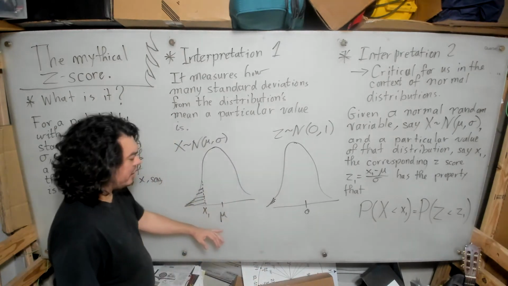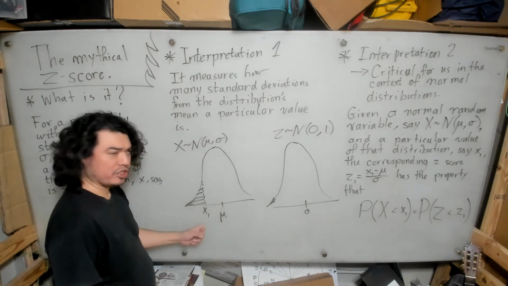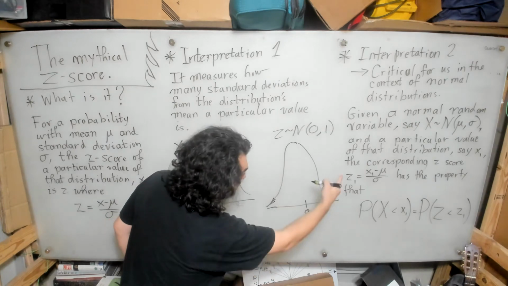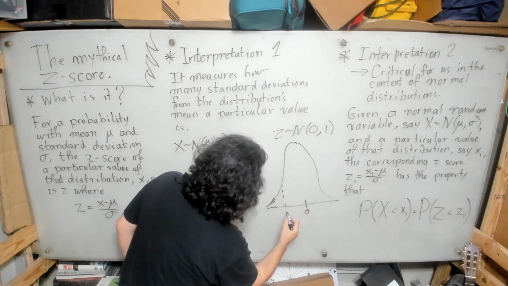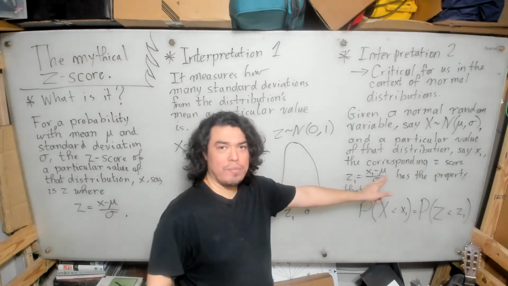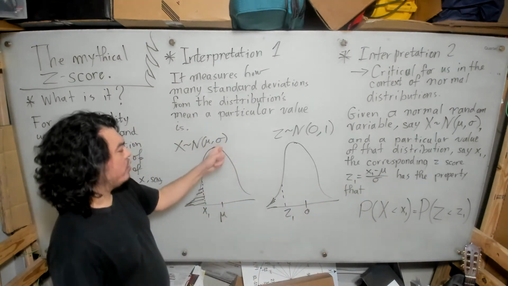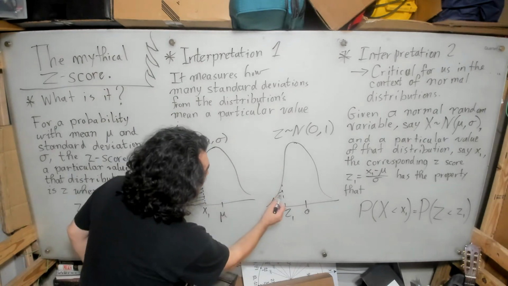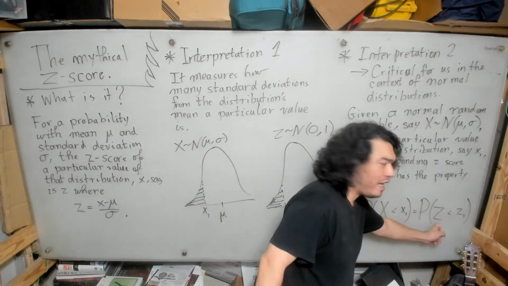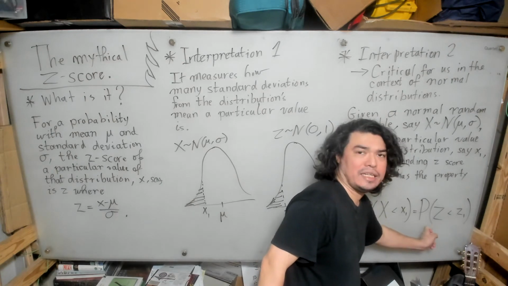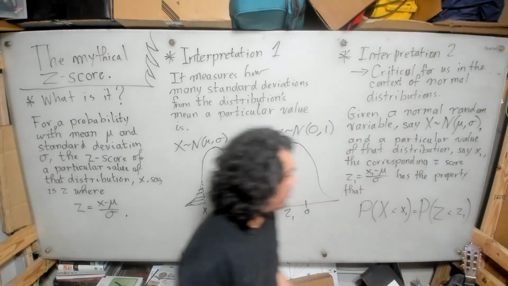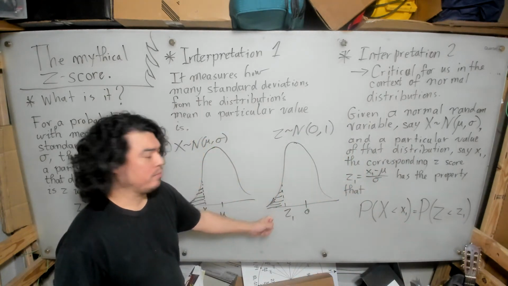Now in this case, because of the way I drew this picture, because the x1 is to the left of the mu, I know that the corresponding z1 will be less than the mu also. So z1, which of course has the value x1 minus mu over sigma with this mu and this sigma, will be here. And the probability that an experiment that is modeled by the standard normal has a value that is less than z1 corresponds to this area.